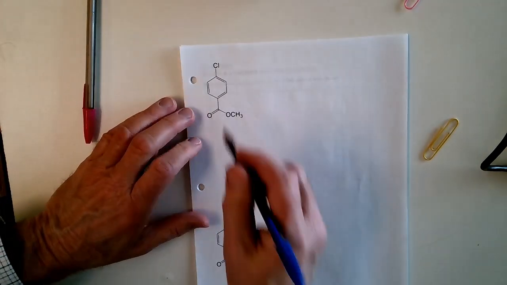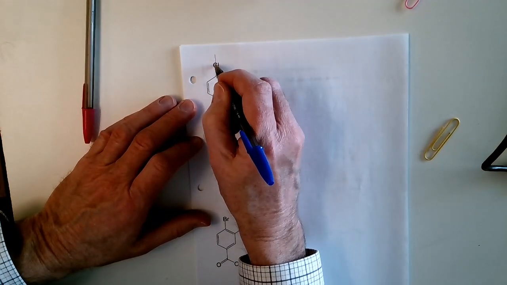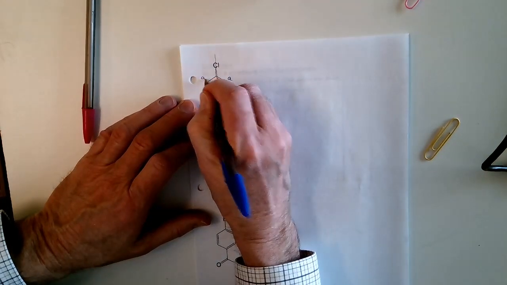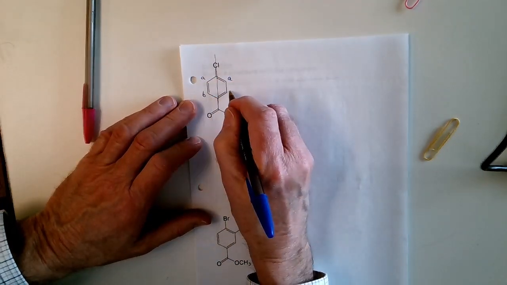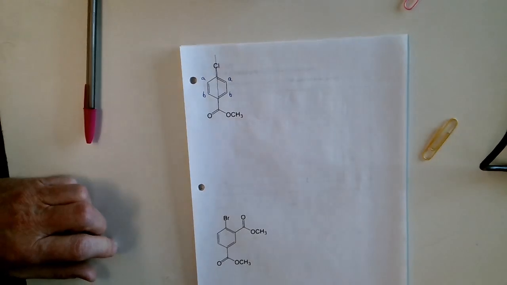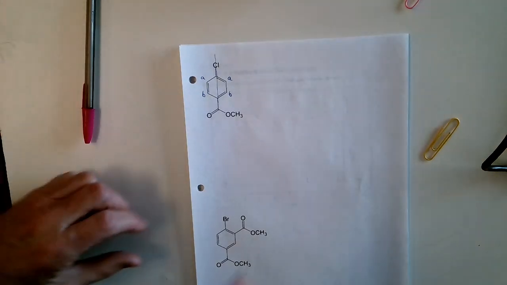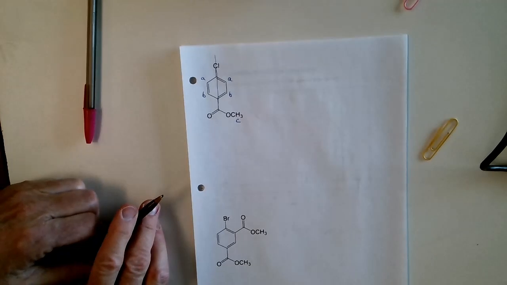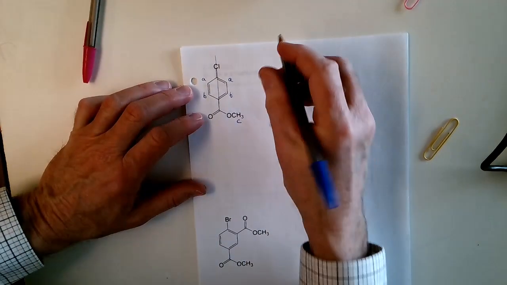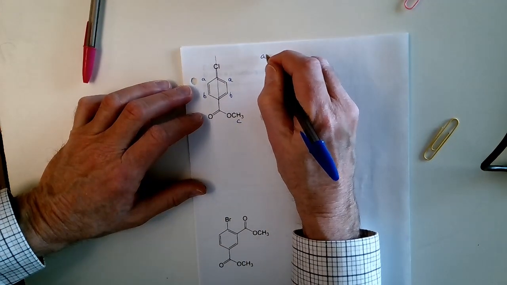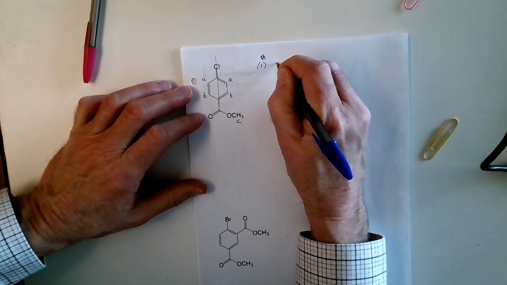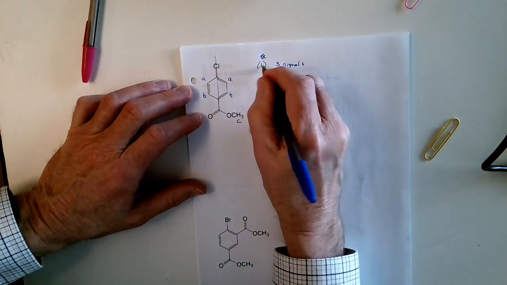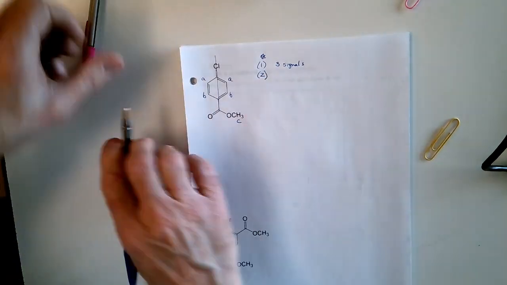Okay, this one, remember, had a mirror plane through the ring, and we said that that meant that we had 2 sets on the ring that were equivalent to each other, and then there would have been this little set right here all by itself. Okay, 3 signals. One for each of those sets, A, B, and C, and then the splitting.